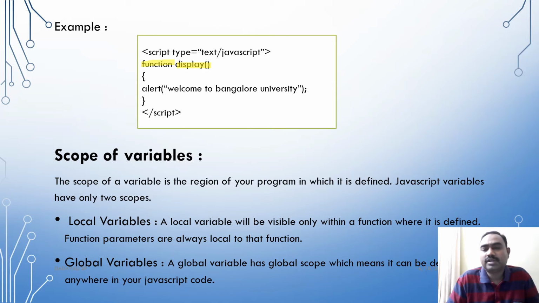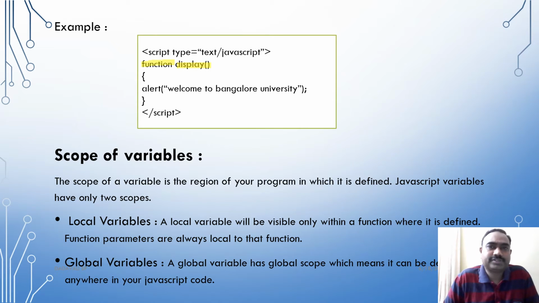Within display there is this code, the alert method. Within the alert, in double quotes, "welcome to Bangalore University". When you call that function, it will execute whatever is within the block of statements.